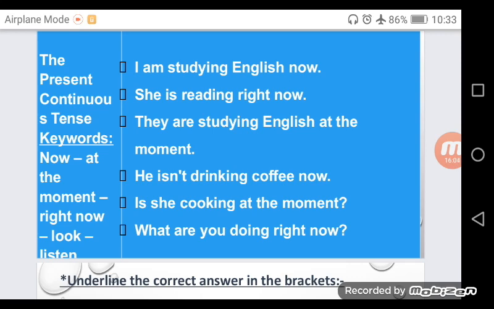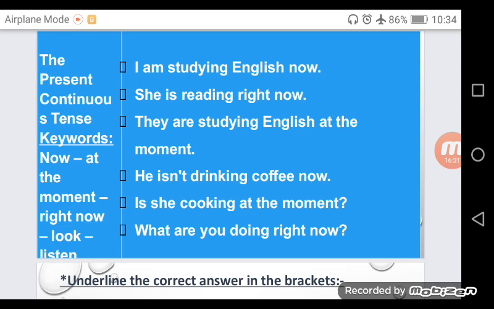This sentence is different from the above ones because it is in the negative form. So in the present continuous, we add not after am or is or are to make the meaning negative. Here we have isn't, and this is the short form for is not, then drink, then ing.